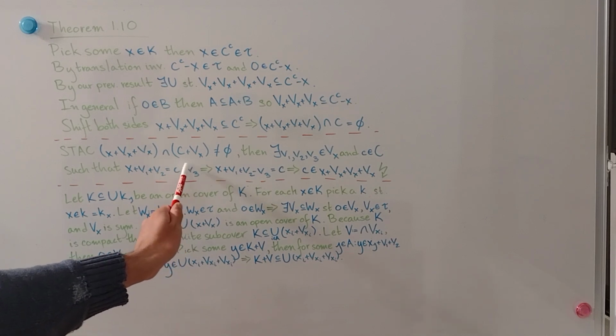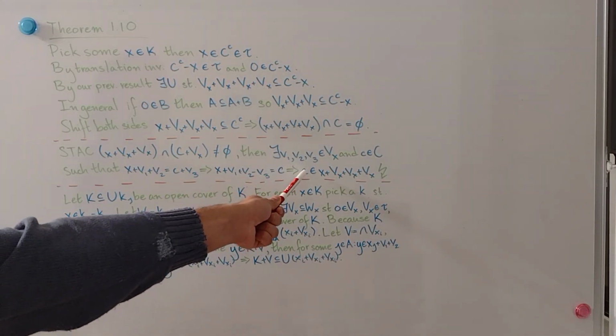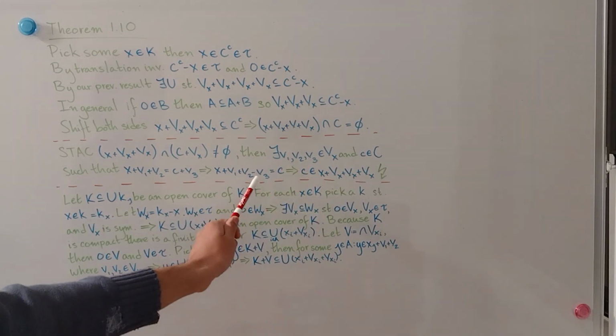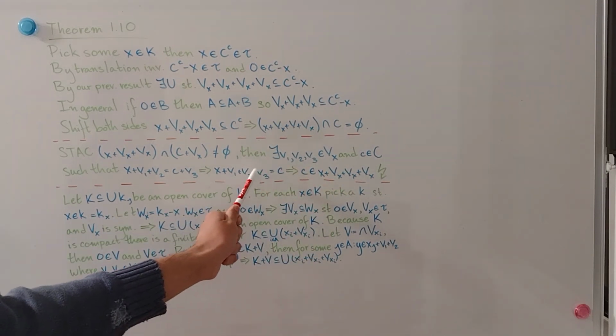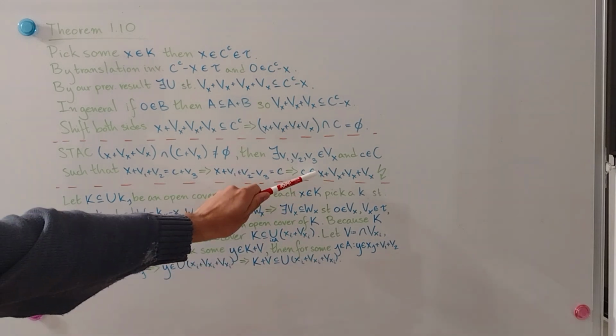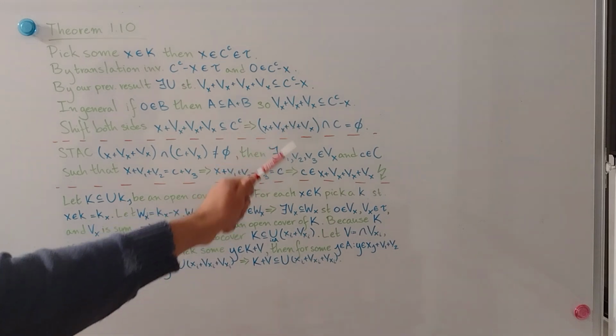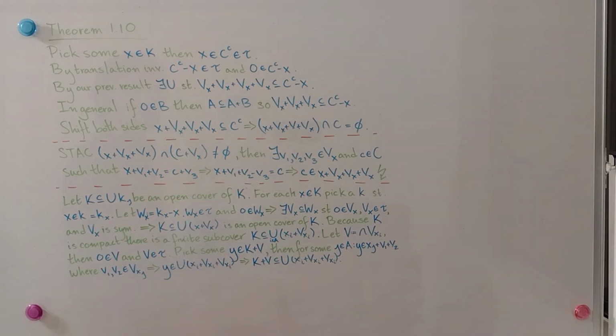Then we move V3 to either side. And the reason why we can say that this is true is because Vx is symmetric, right? So this minus V3 is also in Vx. But of course, then this would imply that this is not empty, so that's a contradiction. So we've proven that this must be empty.